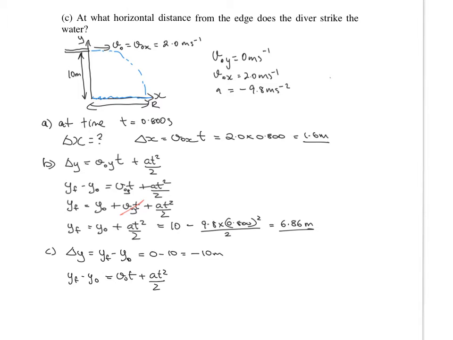This term is going to disappear because that's the y component of initial velocity, which is zero, and we know this value here is minus 10, so we get minus 10 equals at squared on 2. We can just rearrange that for t now. So we get t squared equals 2 times negative 10 over a, and we square root that to find t.